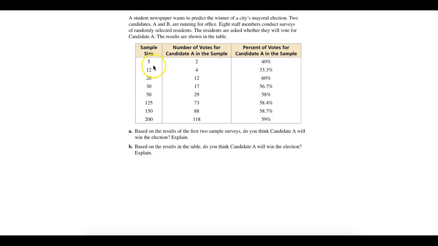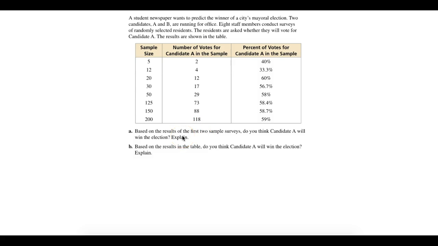So you take 2 over 5, that works out to be 0.4 or 40%. In the second, we had 4 said that they will vote for candidate A, and our sample size was 12. So 4 over 12 is 1/3, which is 0.333, and we get 33.3%.